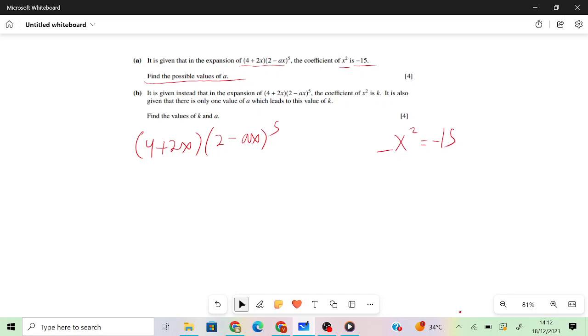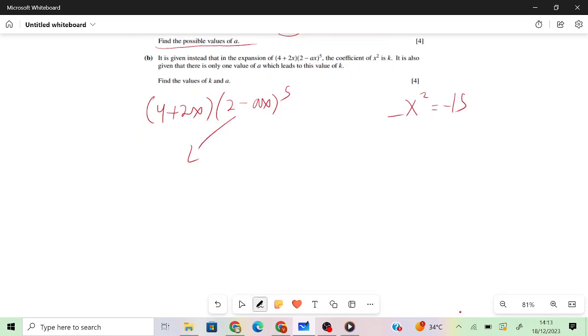Now you can see the way this question is kind of direct and straightforward. They didn't ask us to first find the first 2 or 3 terms of this, they just put the question together and expect us to do that first. So take this out first, (2 − ax) raised to the power 5, and expand this using a binomial expansion.